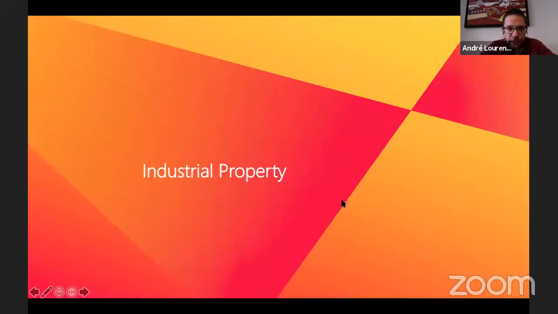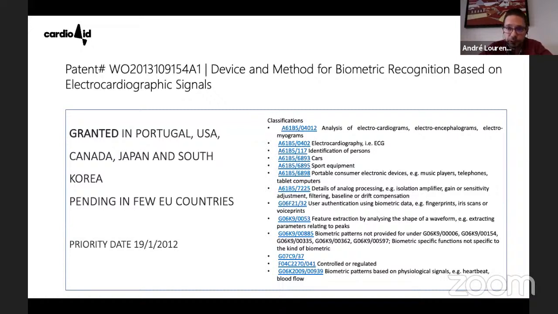I will show you several projects related to each of these areas. We have some industrial protection, so patents are important for transforming this knowledge and implementing it in the industry, mainly when we are thinking on a large scale.